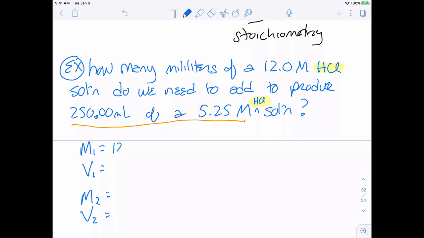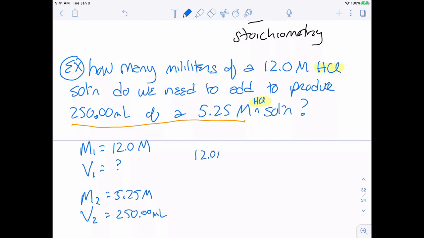So I'm going to do the 12 molar for the original, and then this is going to be my unknown, that's what we're solving for. How many milliliters of that solution? So that's the pair that goes together. And then my new concentration, 5.25 molar, and my new volume, 250.00 milliliters. Then it's just a matter of plugging them into the formula and solving for my unknown.